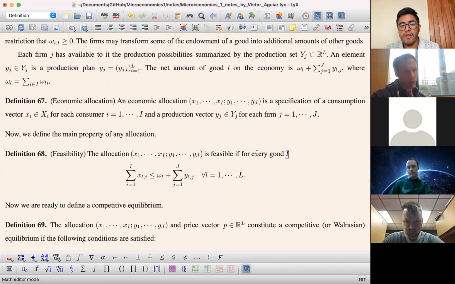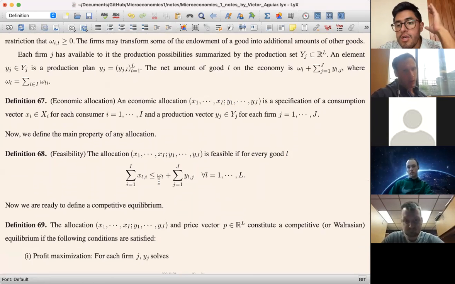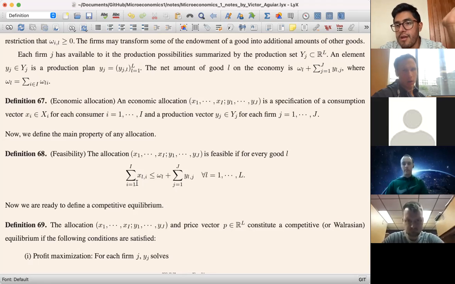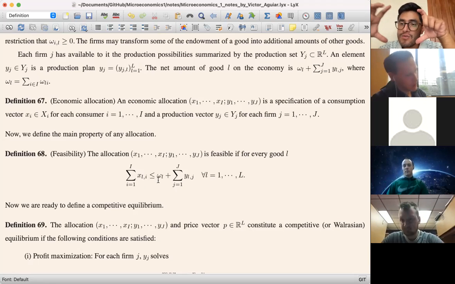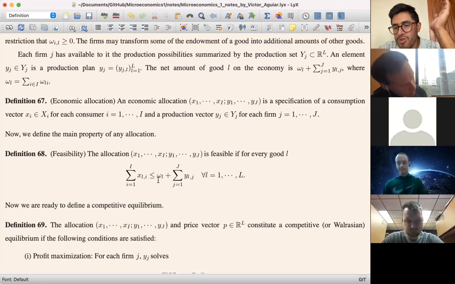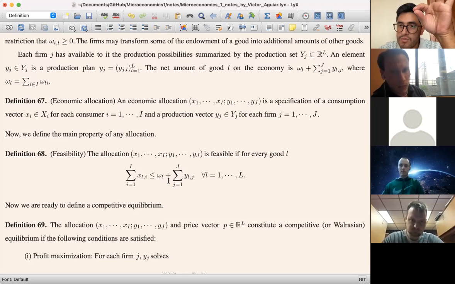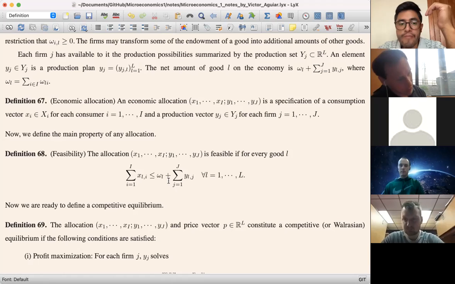For every good L, the following inequality holds: the summation of all consumption bundles x_{l,i} over the consumers, so the total consumption of the market, is less than or equal to the total physical existence of good L in the economy, which I already told you is equal to omega_L, the total endowment, plus the net existence of goods, subtracting the minus signs of the Y, which is the use as an input, and adding up the creation of the good, okay?